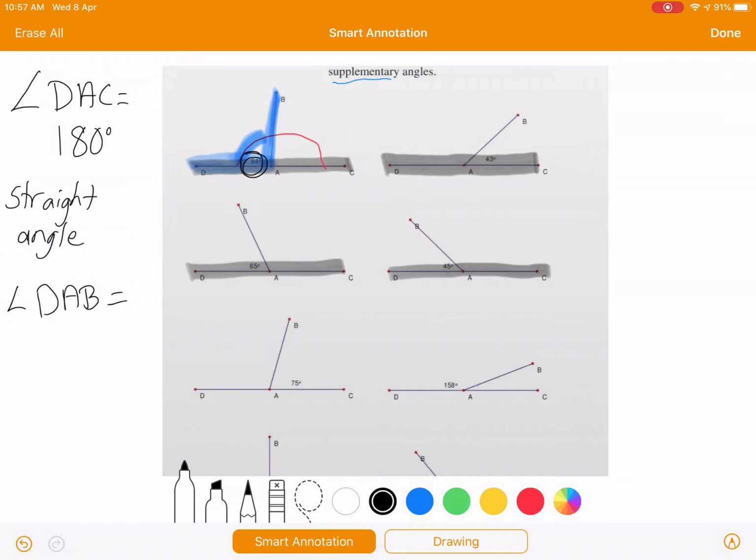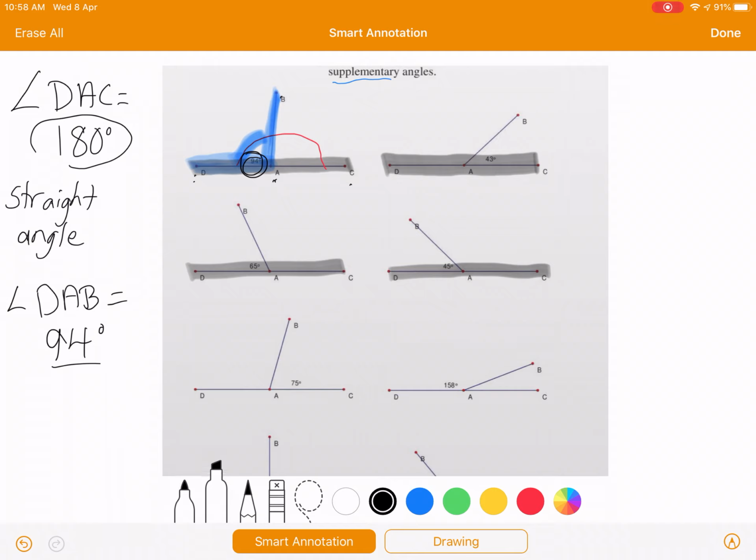Well, if we look here, it tells us, yeah? It's 94 degrees. Now, what we can do when we are looking at supplementary angles is figure out the other angle based on what we know. So we know that DAC is 180 degrees. We know that DAB is 94 degrees.